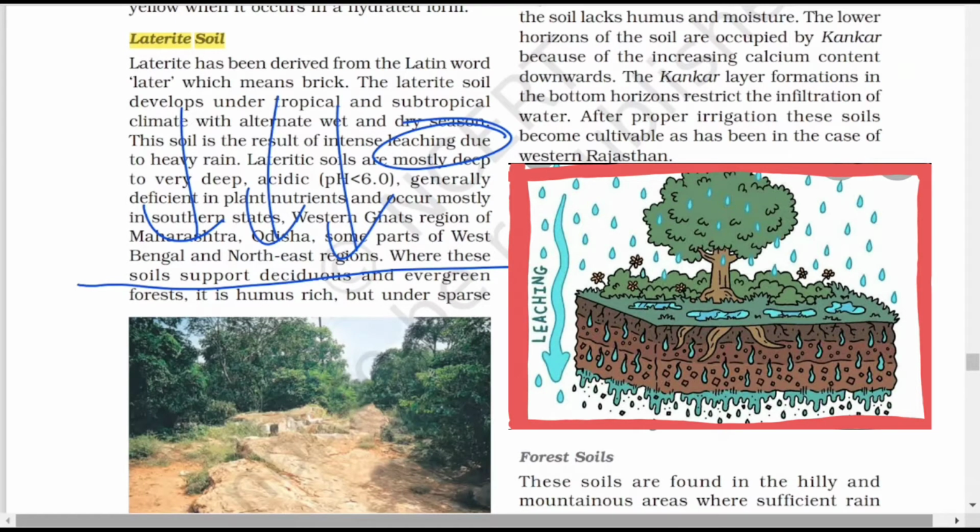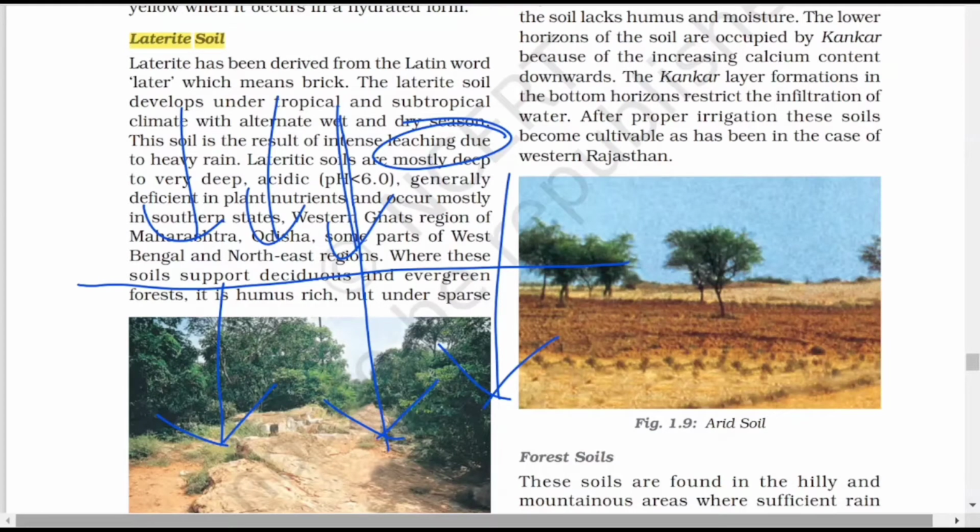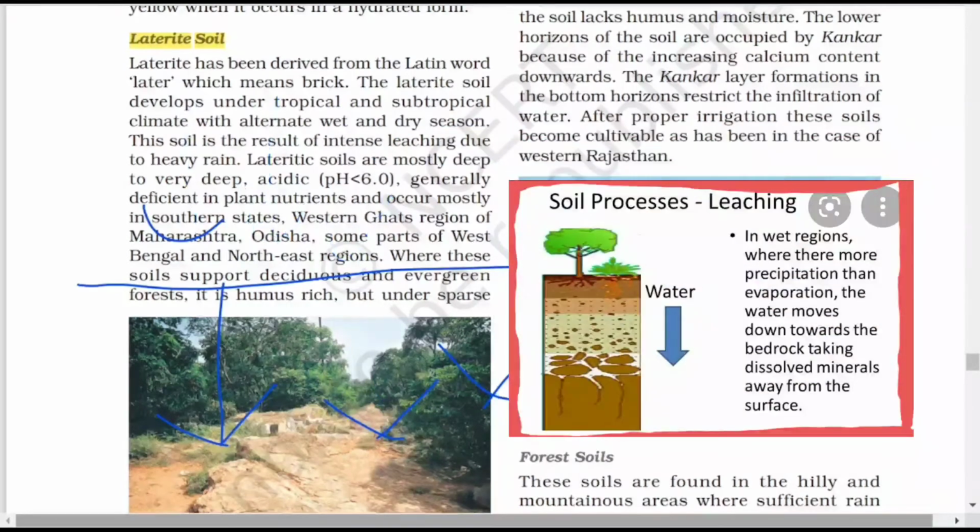Now in the soil, there are some minerals, maybe silica, maybe lime. All these will dissolve in water, and along with the water they will percolate inside the ground. So some of the good minerals which are found on the top layer will go inside the ground because of the leaching process. I hope you have understood now what leaching is.